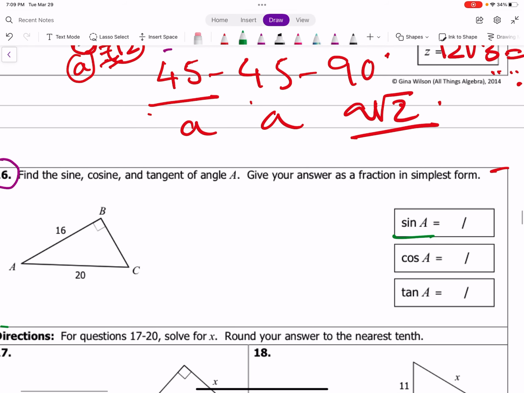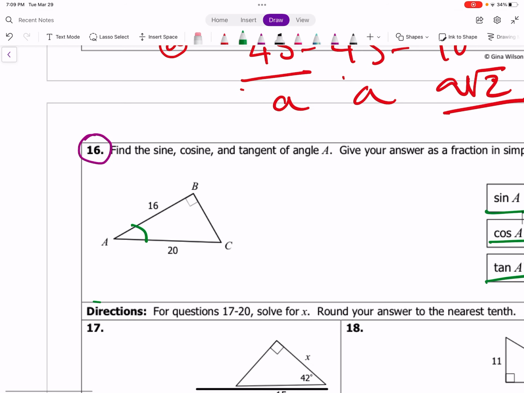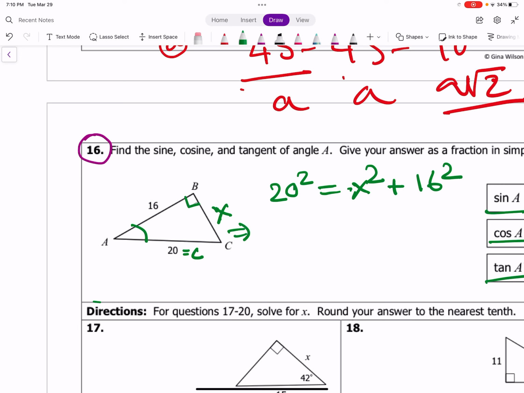So this one gives us the sine and cosine of A. So what's the angle? That's the angle. So I need my sides first. That's a 90 degree, so that's my C. So 20 squared equals x squared plus 16 squared, right?